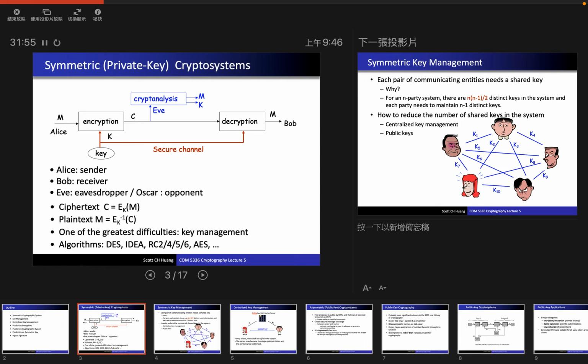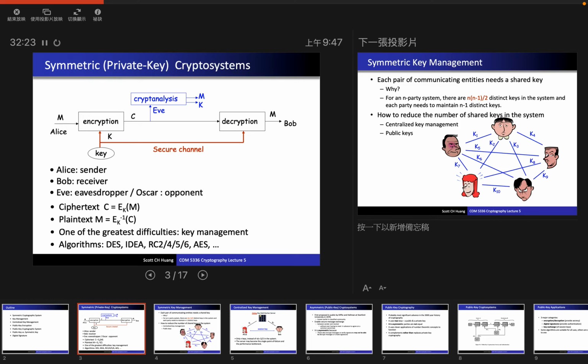So most likely public key cryptosystems, even for encryption, are not used directly to encrypt messages because it's slow. Instead, you use them to do key distribution. Once you solve the key distribution problem, you can go ahead and use symmetric cryptography.